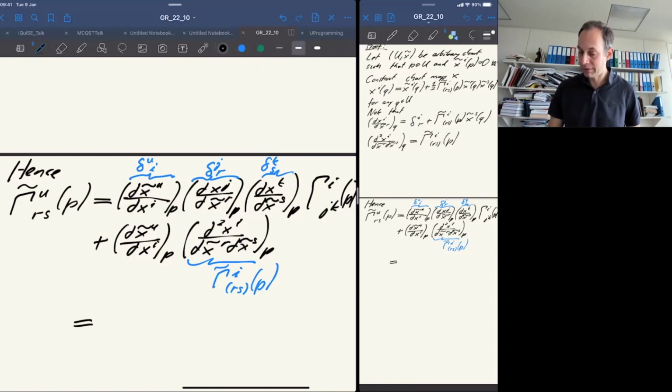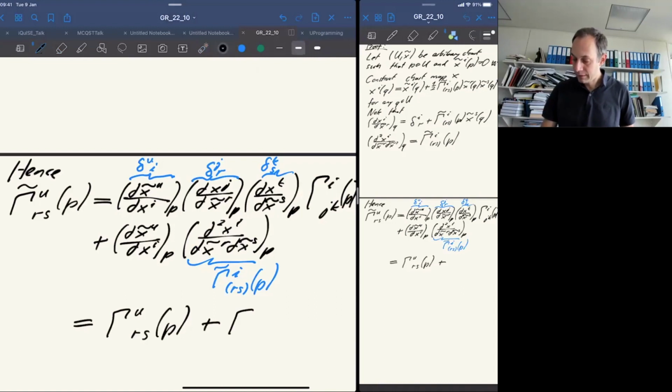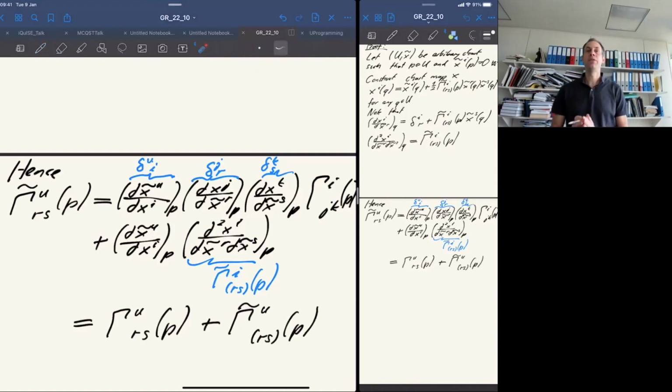So these delta symbols at the beginning just allow me to write the thing here on the right-hand side with the indices U, R, and S at the point P. And then the second thing, because this is again the same delta function, I can identify the U with the I, or the I with the U. So what I get is here gamma U R S at P. Now remember that we assumed in the theorem that it's torsion-free.